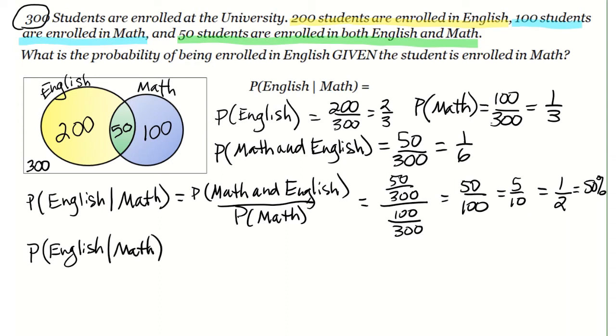We have our formula, the probability of math and English, so that's the intersection, so we can just go ahead and get this 50 that's here in the intersection and divide it by the probability of the math, which is the blue. And then once again, that is going to simplify to 1/2, which is 50%.